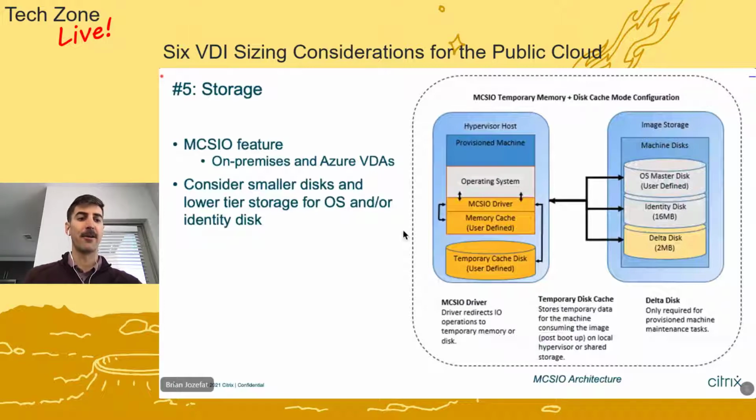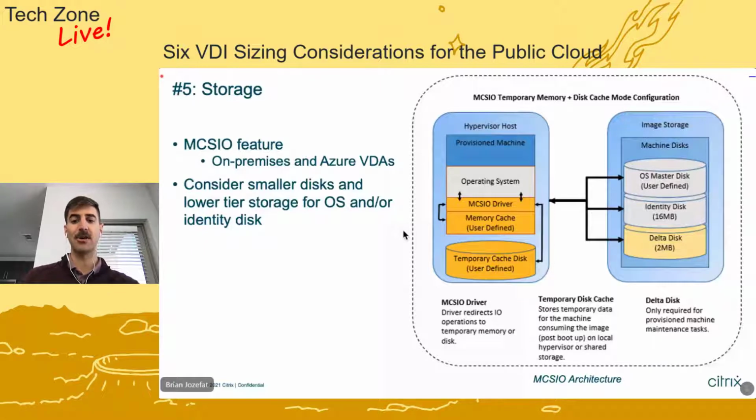For those of you who may not be aware, there is an excellent feature within Machine Creation Services that I'd like to call out called MCSIO, also called MCS Storage Optimization. This is a feature released several versions ago, but has been recently developed and has been a key area of emphasis as MCS has become a critical part of the provisioning portfolio at Citrix.